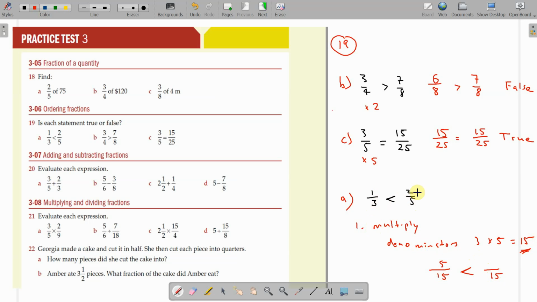And then do the same with this side. 5 to 15 is times 3. So increase this by a factor of 3. 2 times 3 is 6. And 5 over 15 is definitely less than 6 over 15, so it's true.